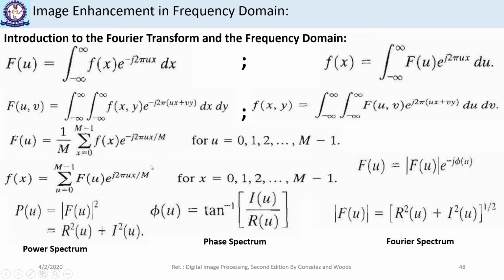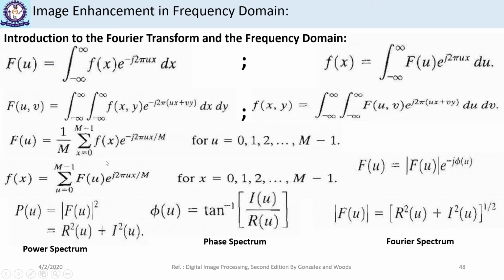Here this f(x) is analogous to the earlier f(x). This is the eigenfunction as we had earlier, and this will be multiplied by 1 by M. Here 0 to M minus 1 means we have a total of M samples of the spatial domain f(x) signal, and we will get the same M number of samples in the frequency domain too.